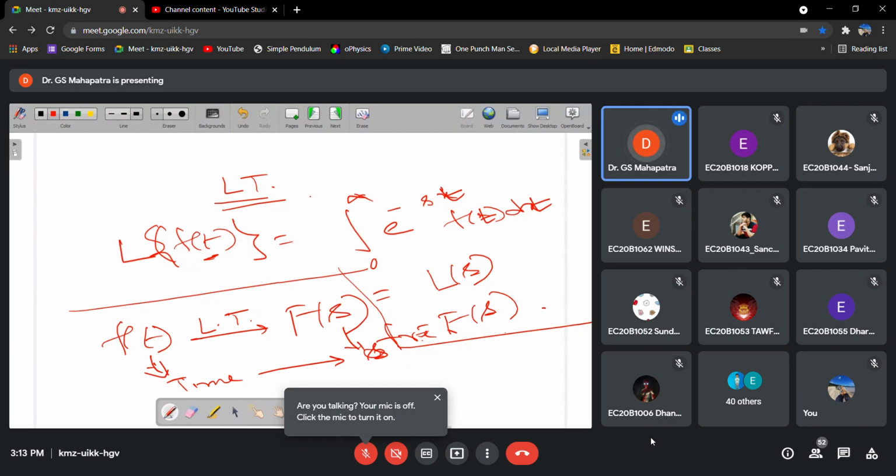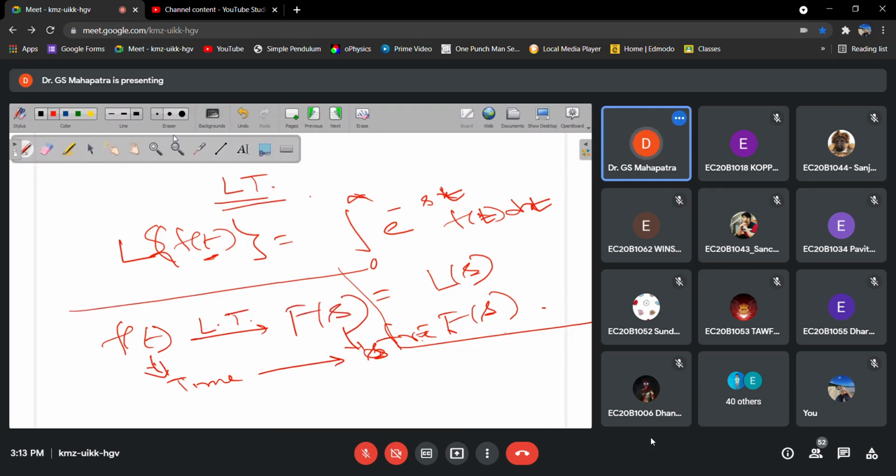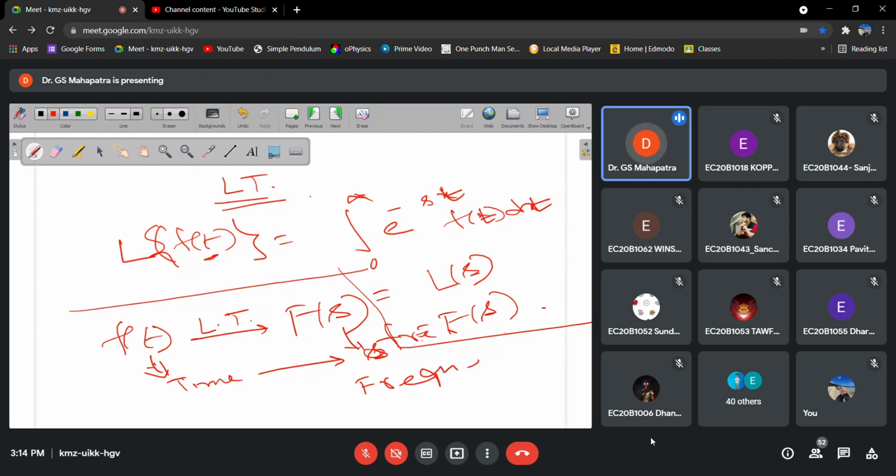Actually, that is called the Laplace transform. I'll say it once again. From this transformation, what they are doing is time domain to frequency domain. Sometimes you are not able to solve directly in the time domain, then you change it to the frequency domain.